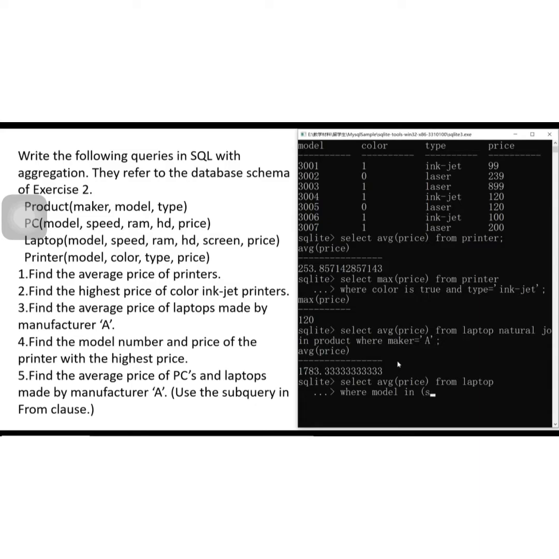In the subquery, we can select all the models made by A from product where maker is A. Okay, now in the subquery, we'll find all the models made by A. Then we'll find from the laptop the models in the result.